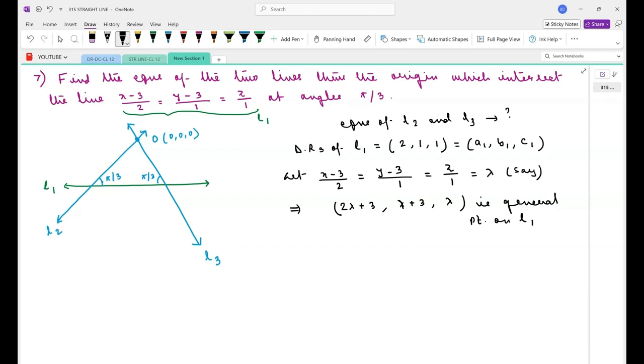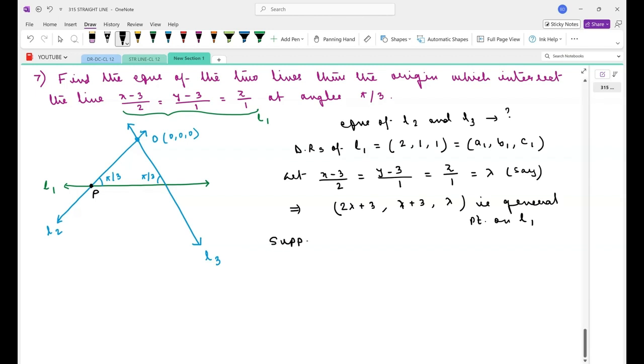So now if we want a particular point on L1, suppose I name it P. For a specific value of lambda, these coordinates will give the coordinates of P. We could have done the sum with lambda just as we did before, but for better understanding, I'm including this step.